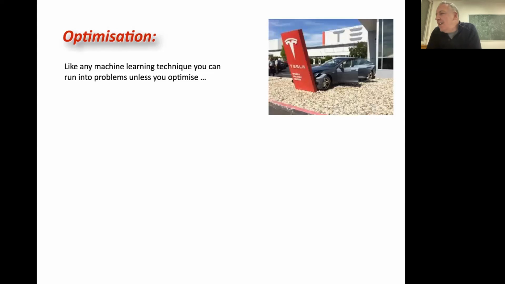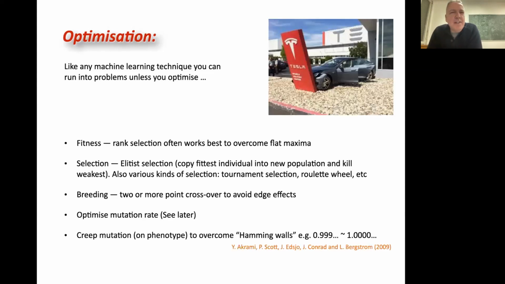Right, I should probably hurry up a little bit because time is rushing. But anyway, there are ways to optimize it. One thing you can do with the fitness, what often is better, is something called rank selection. So you simply take number 1 and select it more than number 50.